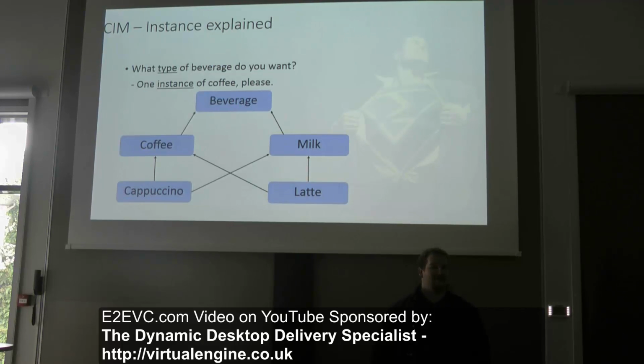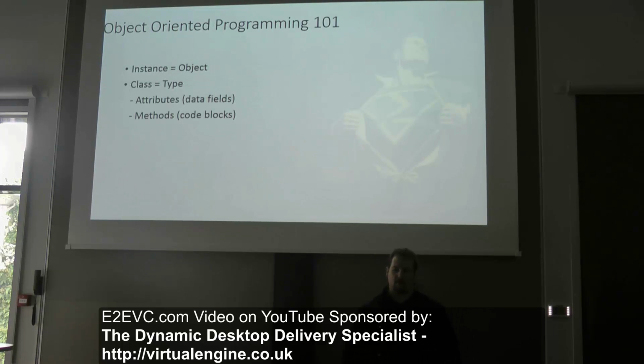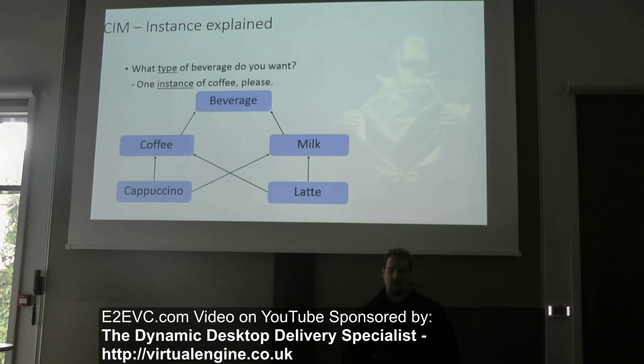And since it's a platform, I thought it was a nice analogy. You've got, like I said, instances, you've got classes. So, what type of beverage do you want? What class of beverage do you want, exactly? So, I want an instance of coffee. A coffee is a sort of beverage.